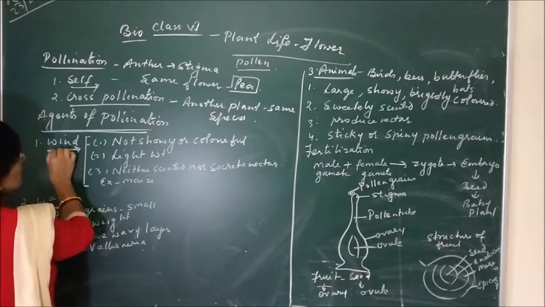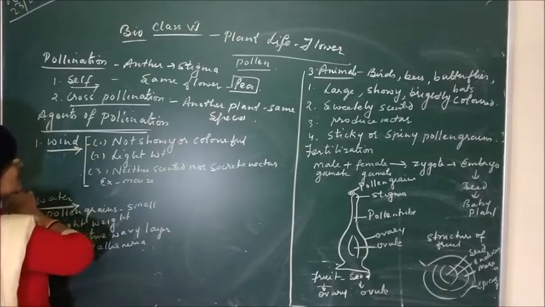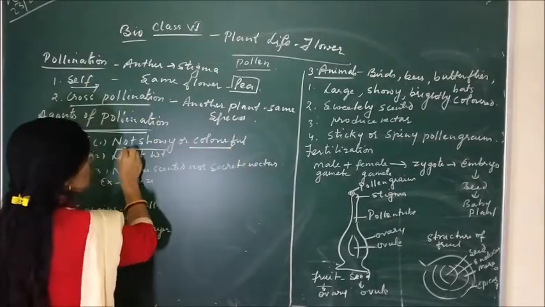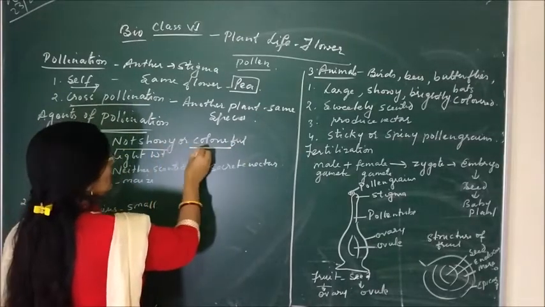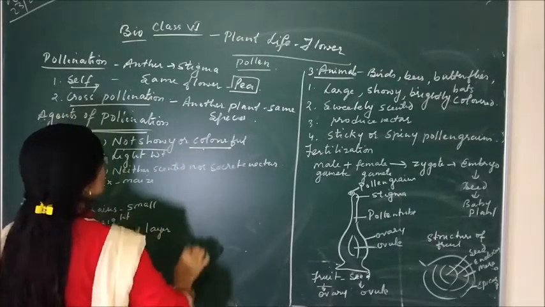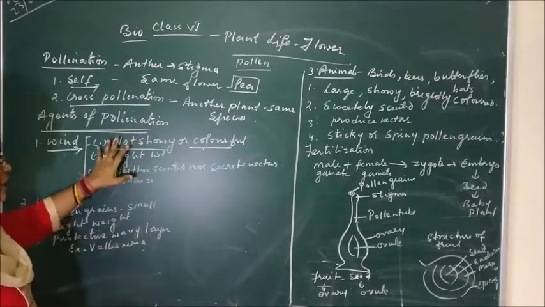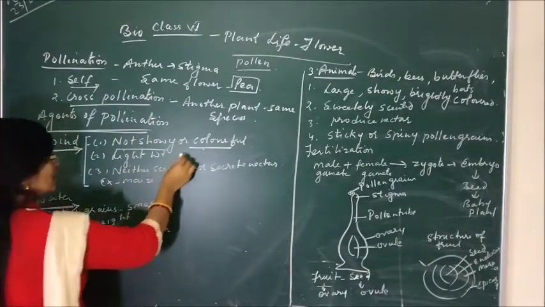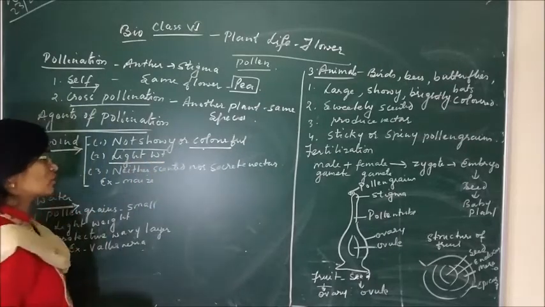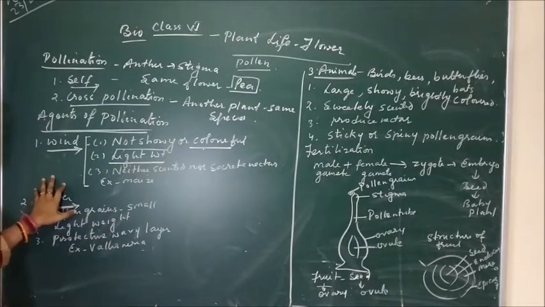The pollen grains which are transmitted by wind are not showy, colorful or scented. It is not necessary that they be colorful or showy; they should be simple. The pollen grains should be lightweight, because only light objects can easily move through the wind.